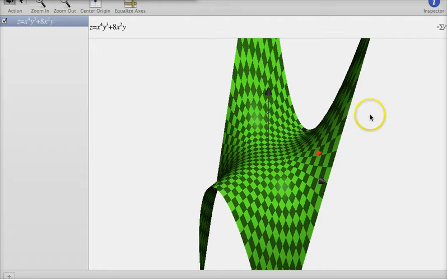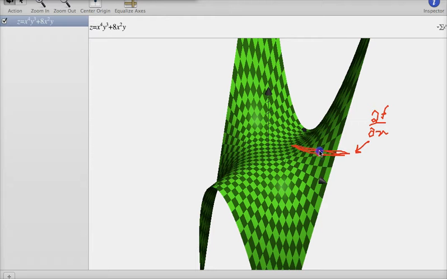If we're taking del f del x, so the partial derivative with respect to x, what that will do is find the slope of this surface in parallel to the x-axis. So it would basically be the slope of this line right there. So it would be going up pretty steeply at this point right here. And that's del f del x.